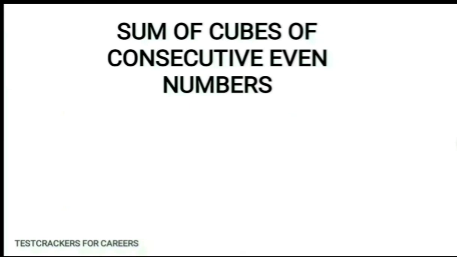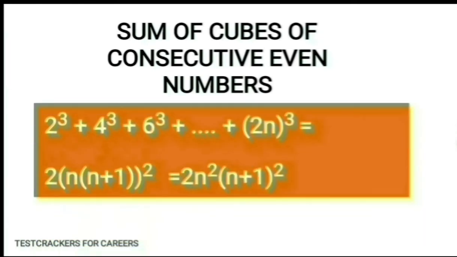Now let's see how to find the sum of cubes of consecutive even numbers. The sum of cubes of consecutive even numbers is given by 2n square into n plus 1 the whole square. Now let's see an example. Let's find the sum of the given series 2 cube plus 4 cube plus 6 cube plus etc. till 20 cube.